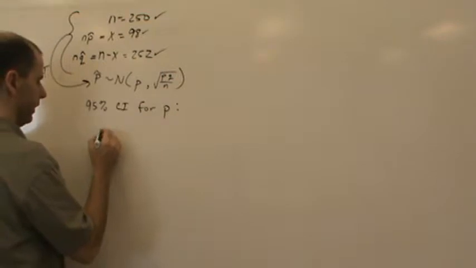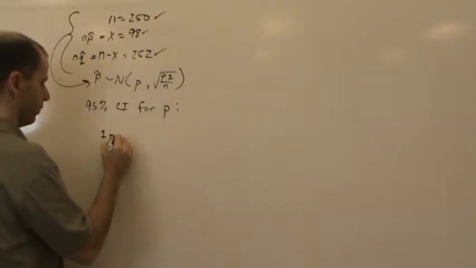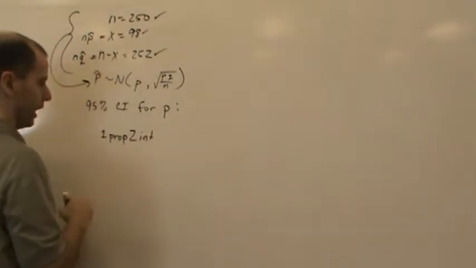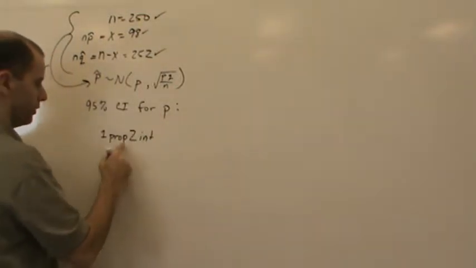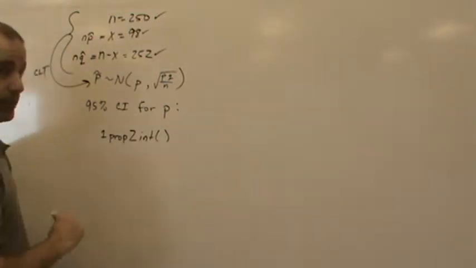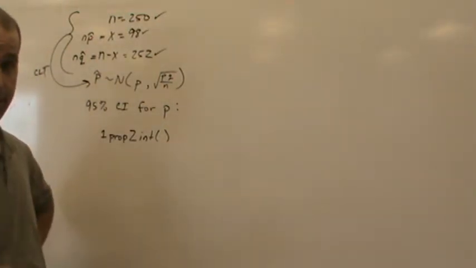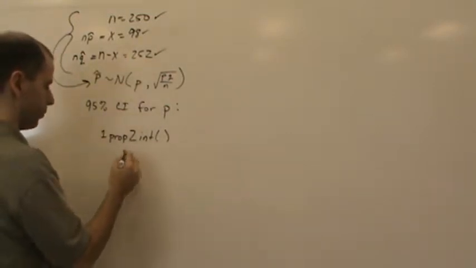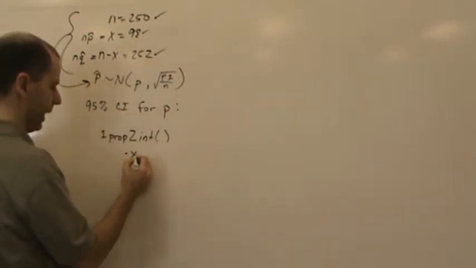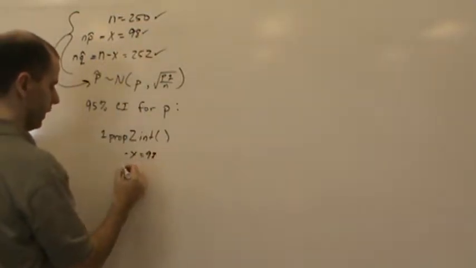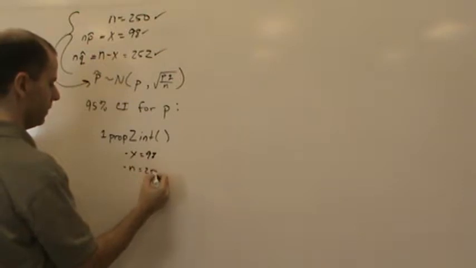So we're going to use 1 prop z int, because we're talking about a confidence interval for P. This is the function on our calculator we'll use, located under stat tests; just scroll down until you find it. The three things we put in are x, which is 98, and n, which is 250.